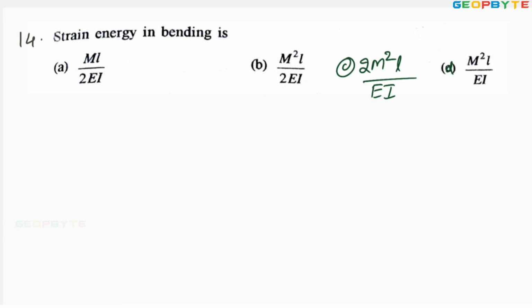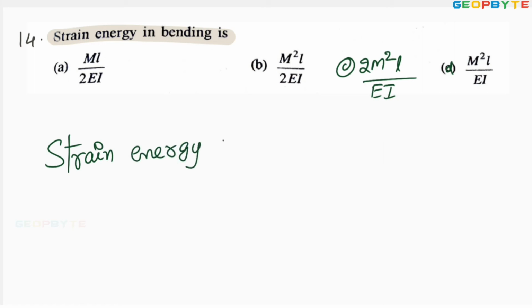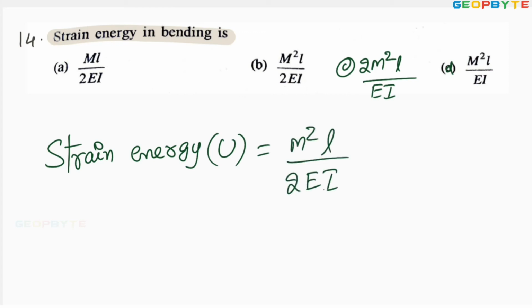Look at the problem. Strain energy in bending, that means strain energy in terms of bending moment, is generally denoted by U equal to M square L by 2EI, where M equal to bending moment, L equal to length of the bar, E equal to Young's modulus, I equal to moment of inertia.